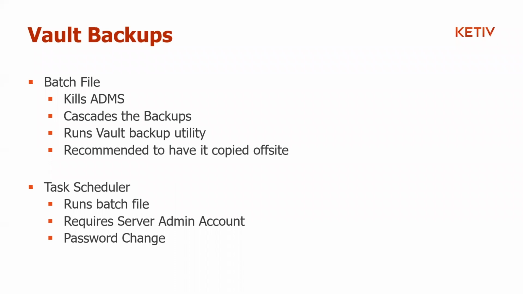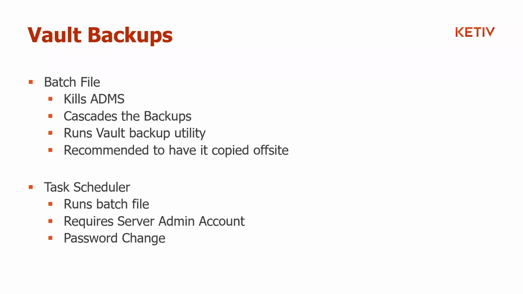So what this batch file that we're going to work on today does is it's going to kill the ADMS. For those of you that have worked with Vault in the past, you'll know that if you have a session of Vault data management server open and you try to open up another one, it'll give you an error saying you can't have two of these open at the same time.